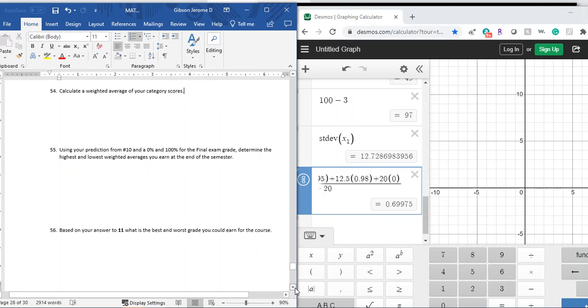Oh yes. Now it says based on your answer, this number is off because this is supposed to be number 11. 54 is supposed to be number 10 because you see they have these numbers here. It says based on your answer to 11, what is the best and worst grade you could earn for the course? Okay, so the best grade, 89.98.